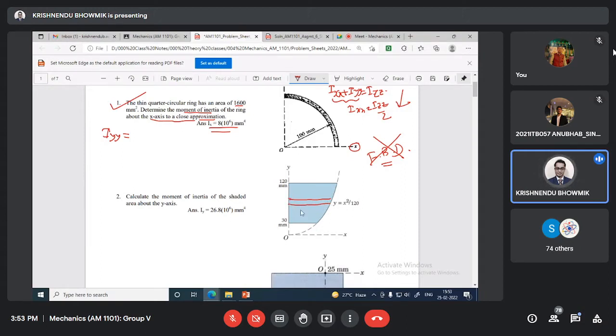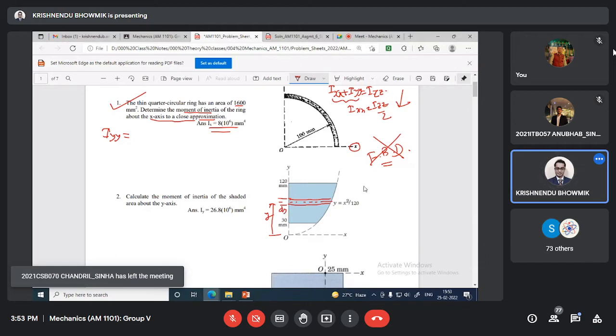Okay. So if I take a horizontal strip this way, from the center to this distance, it is y, and this thickness is dy. So the area dA will be x multiplied by dy.